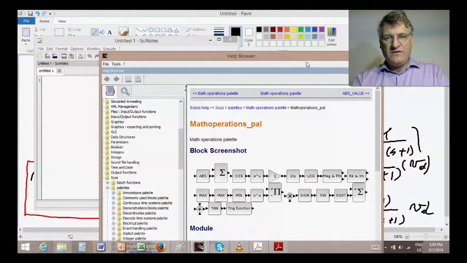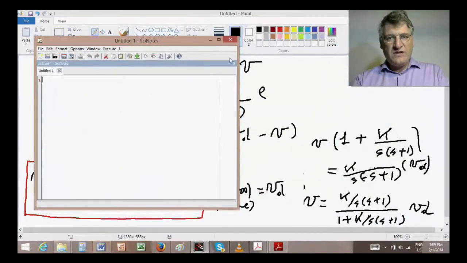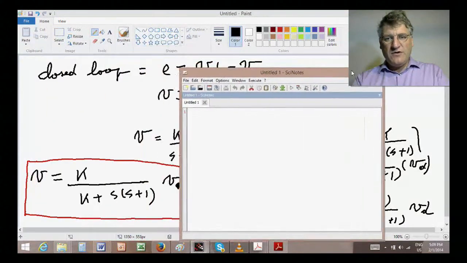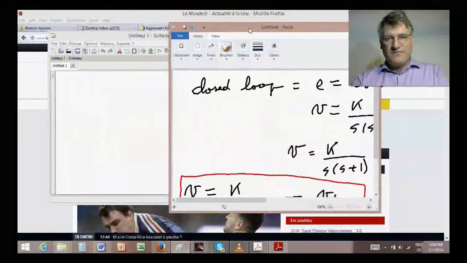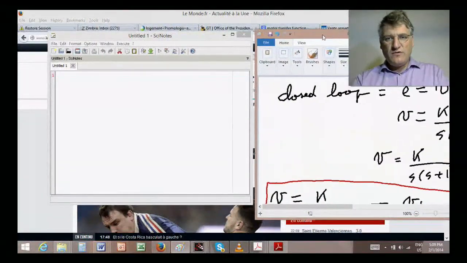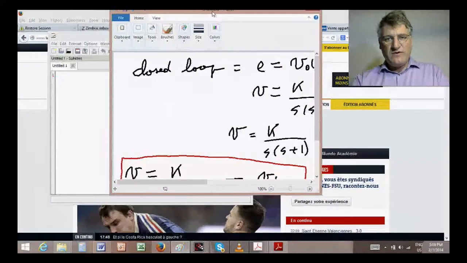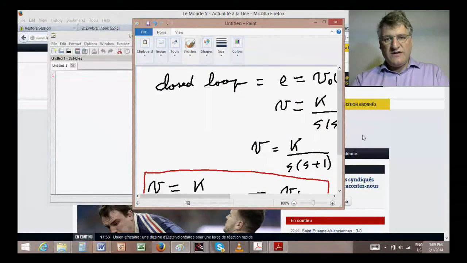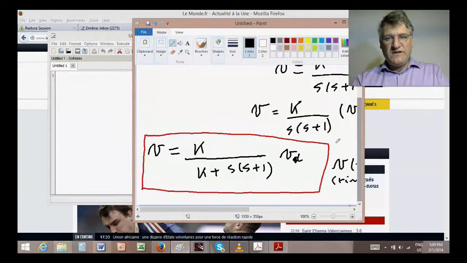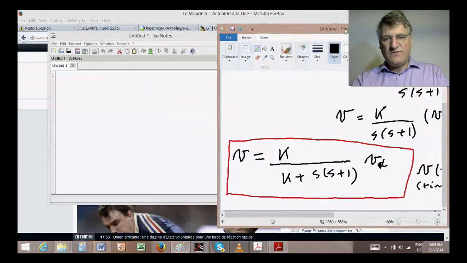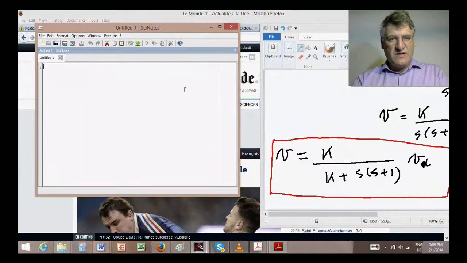We will first remove the help browser for now and just open a small script. For the purpose of convenience, I will move the expression for V as a function of VD, that transfer function, to the right.